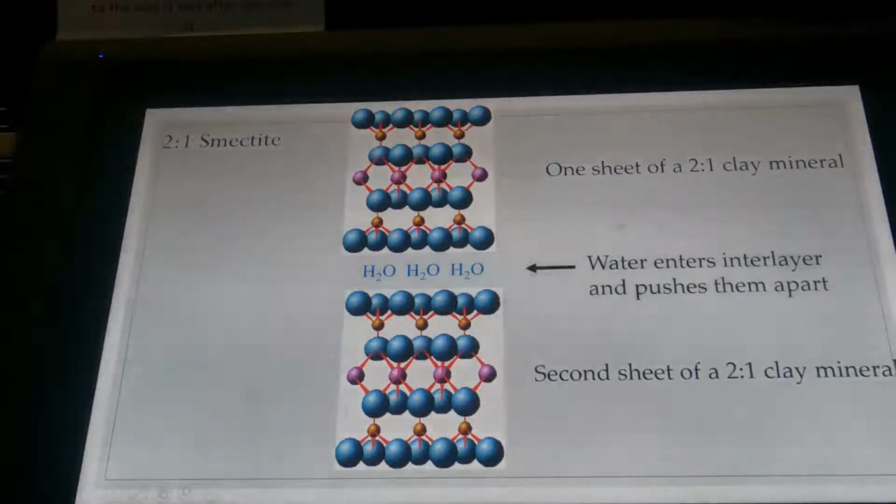Water can move in between here, so now we get twice the expansion. We get the expansion in the first 2-to-1, expansion in the second 2-to-1, and then we get water that pulls them apart even further. And so eventually those charges get to be too far apart, and now you don't have a consistent CEC and it's broken.